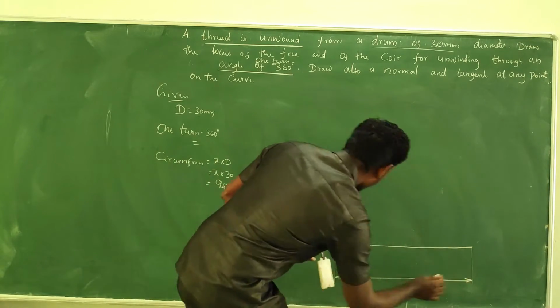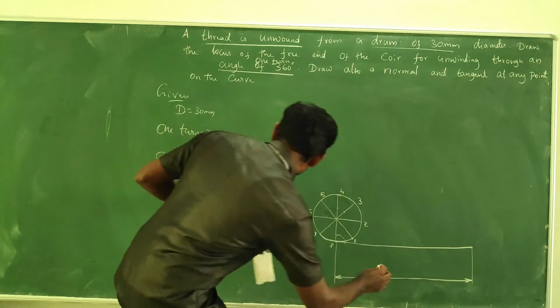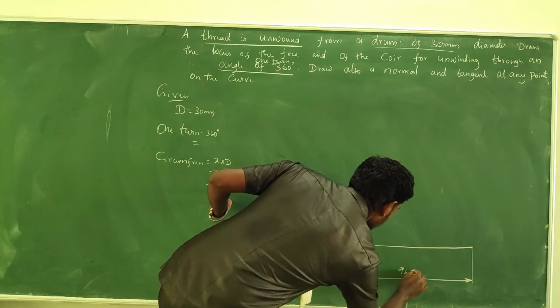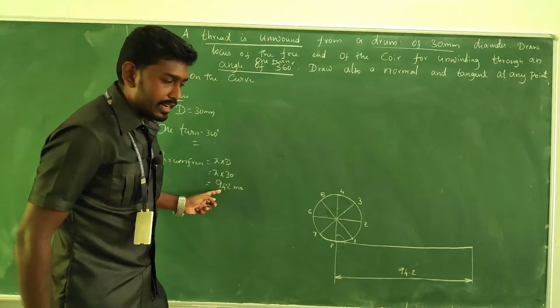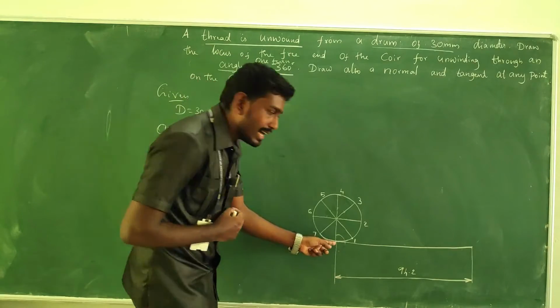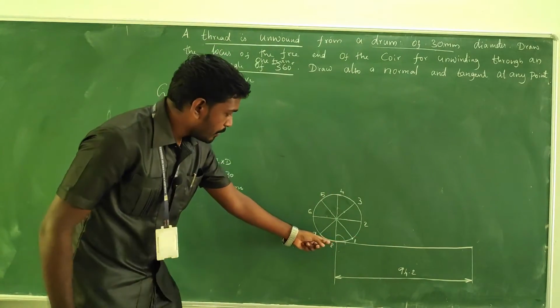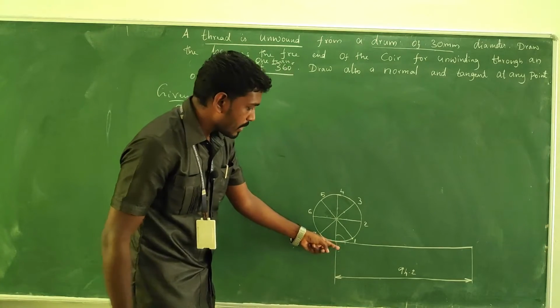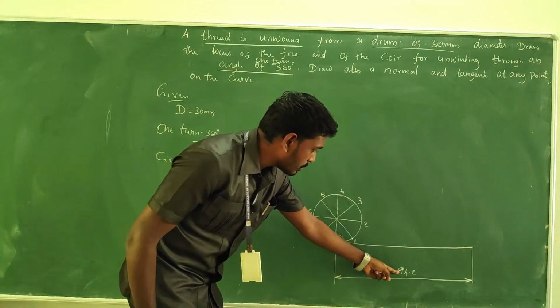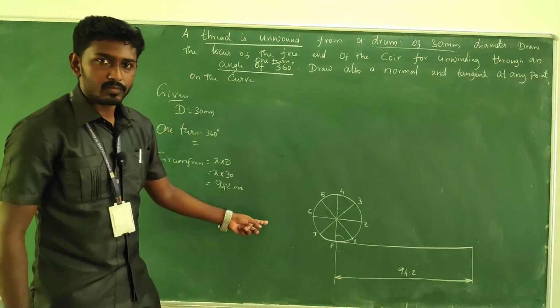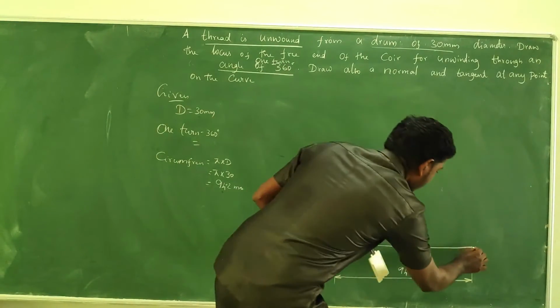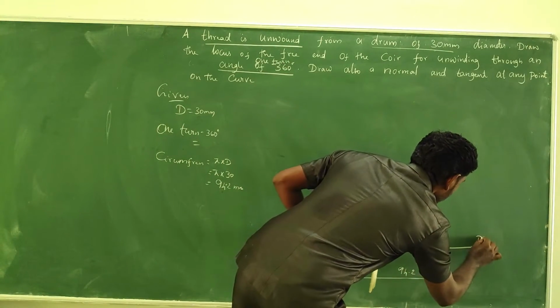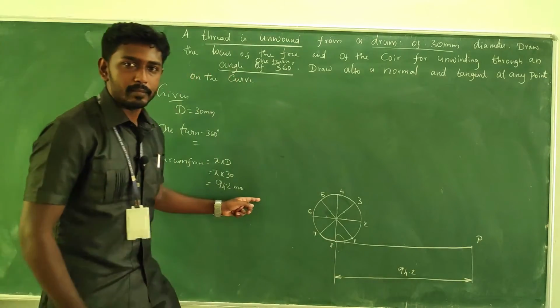Since we are tracing for one turn, from the 8th point we have a tangent line. By keeping your protractor, you can achieve it by taking 90 degree and taking a measurement of 94.2, right? And mark the end with P. This is the string length, so mark the end with P.